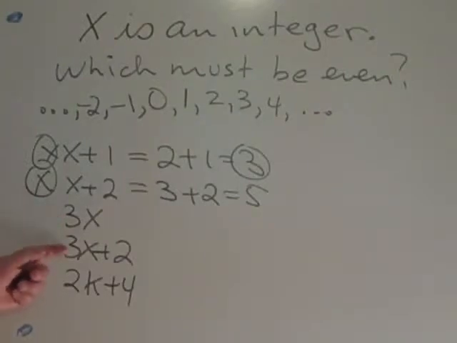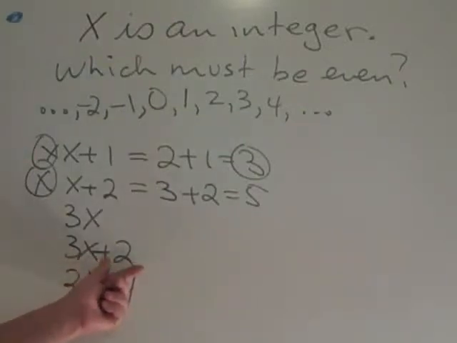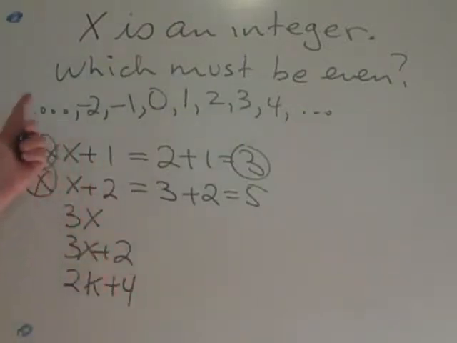Well, then this is even too, because this 3x is even, and I add 2, it's even. Well, which must be even? There should only be one of them. Well, it's not if it's this one, then it has to be that one. If it's that one, it has to be this one. So it's not going to be these.